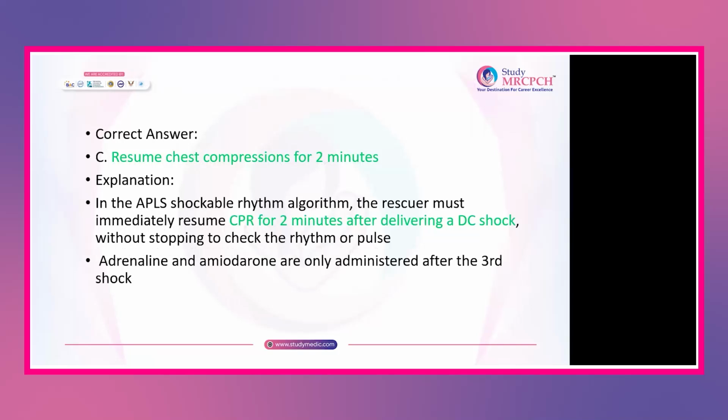In the advanced pediatric life support shockable rhythm algorithm, the rescuer must immediately resume CPR for 2 minutes after delivering a DC shock without stopping to check the rhythm or pulse. Adrenaline and amiodarone are only administered after the 3rd shock.